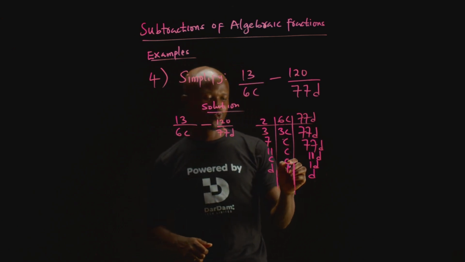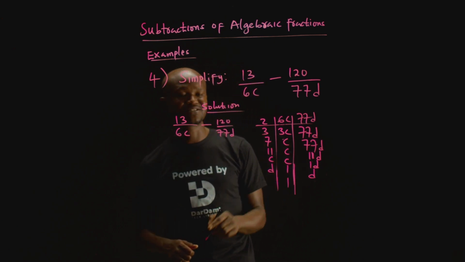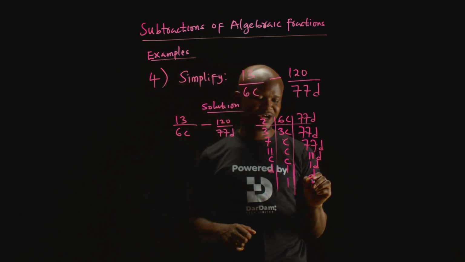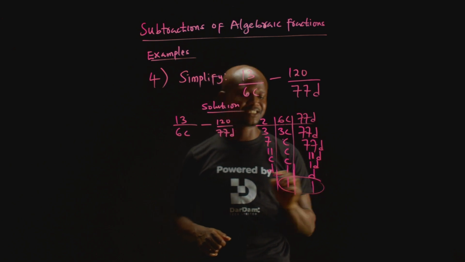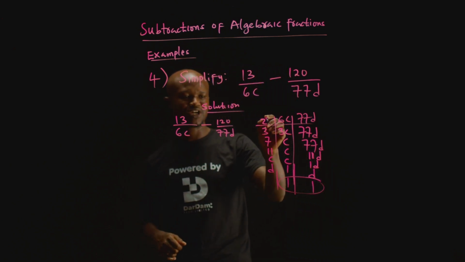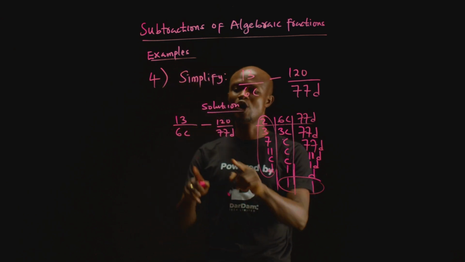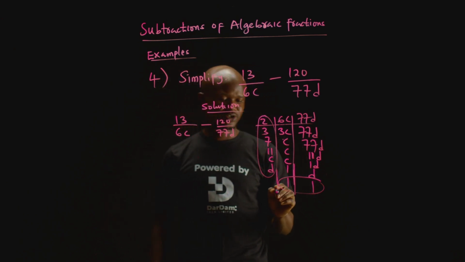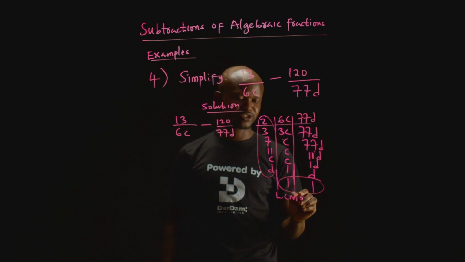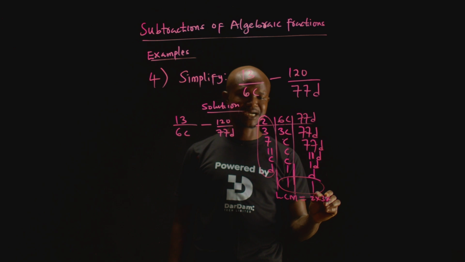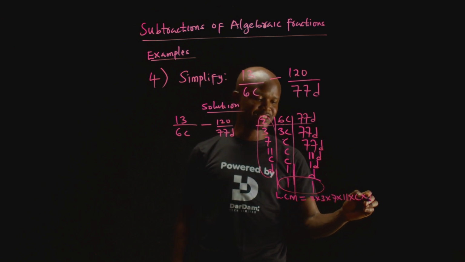So we still write this 1 here because 1 is not a multiple of d. d divided by d, we have 1. Now we arrive at the last point. The product of what we have here will form our LCM of the denominators. So the LCM of the denominators is 2 times 3 times 7 times 11 times c times d.